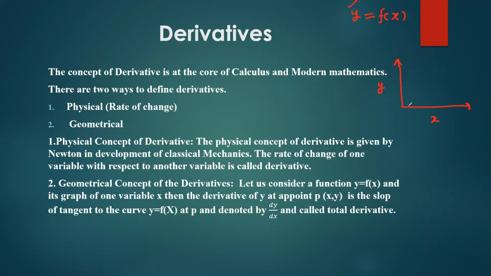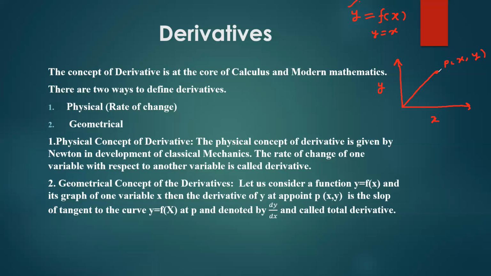Okay, and when we draw the graph, suppose we have a function y equal to x. Suppose we have to find the slope at this point, and suppose this point is P(x, y). Do you know what is the meaning of this P(x, y)?